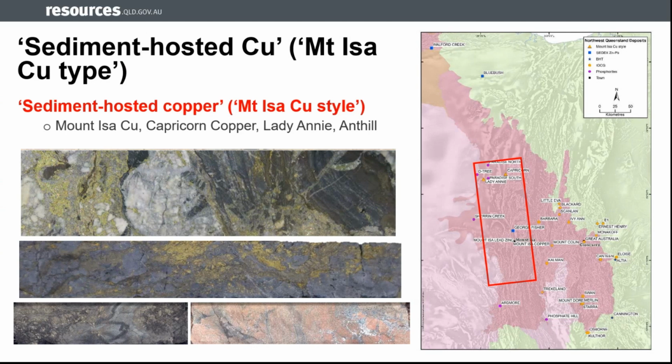In most cases, we can easily identify their post-peak metamorphism formation. So quite often they're called Mount Isa type, and some people recently call them orogenic copper for that reason, to highlight their late structural timing.